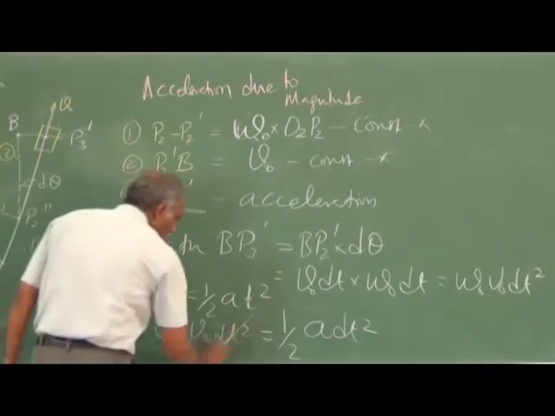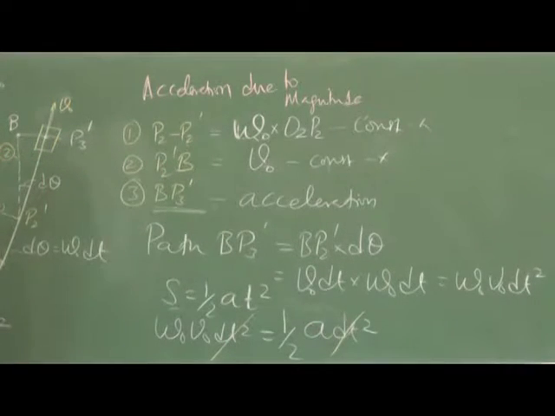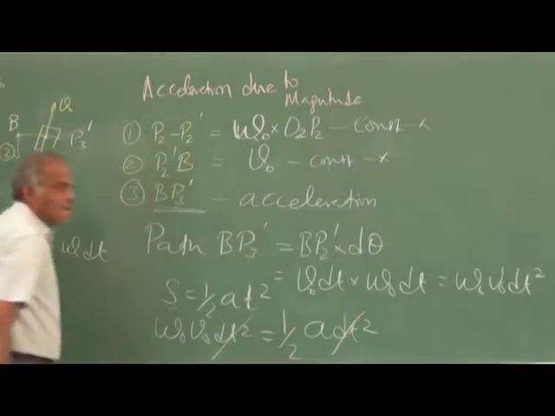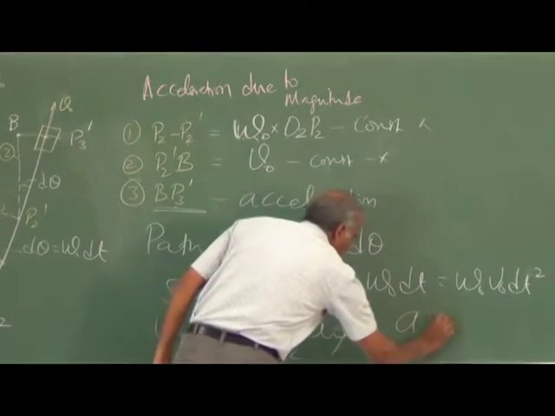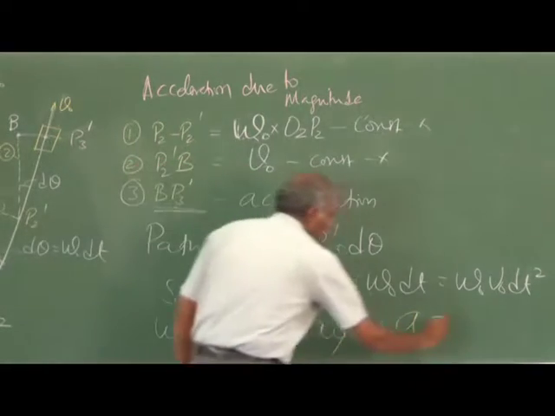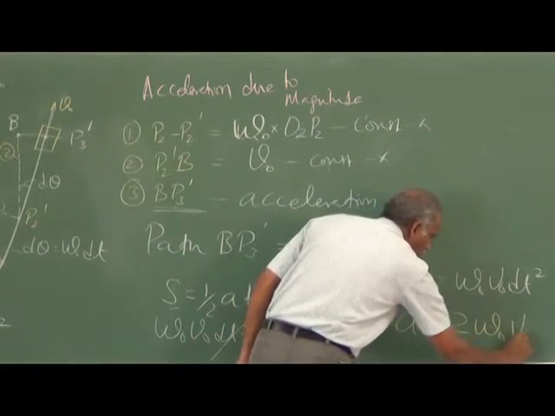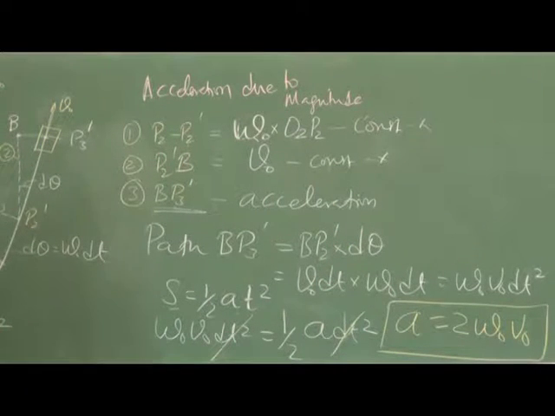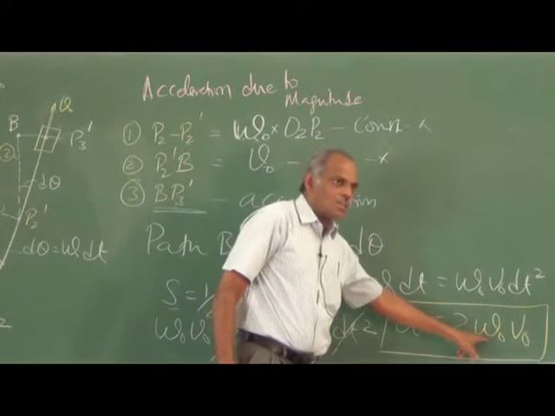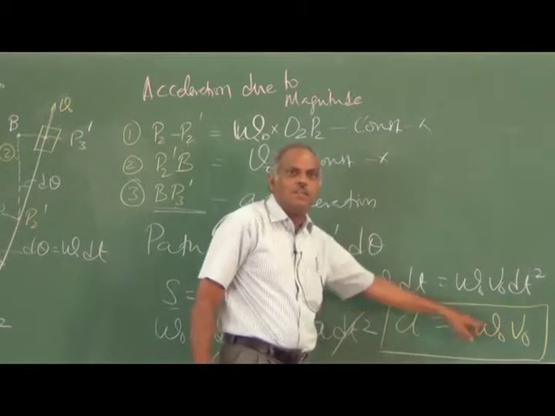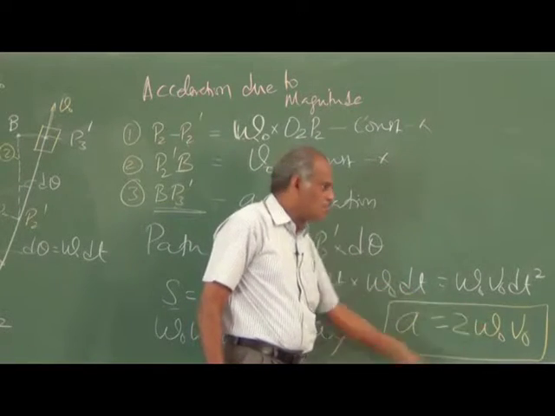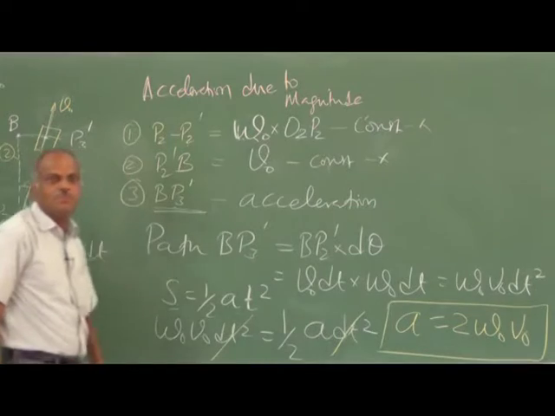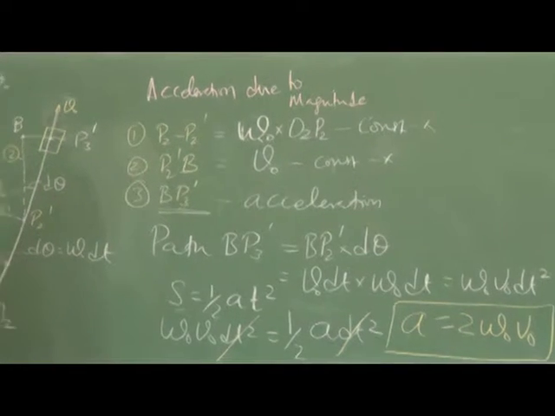So dt square is cancelled out. So you have A, that is the acceleration, is given by 2 times omega 0 V0. You see that this acceleration is nothing but the product of the angular velocity and the linear velocity, multiplied by 2, twice the product. So that acceleration is nothing but your Coriolis acceleration.